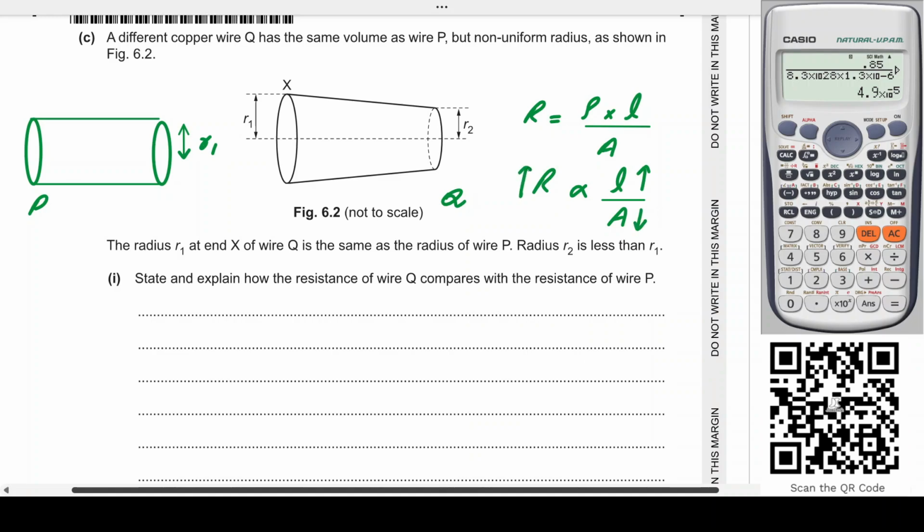So we need to find out which wire has smaller cross-sectional area.